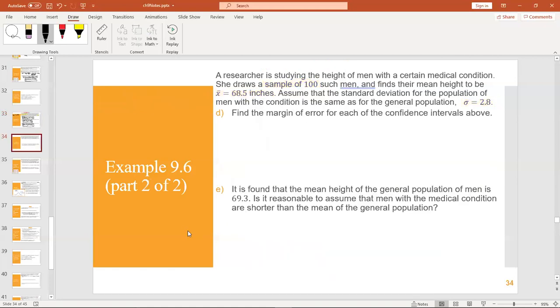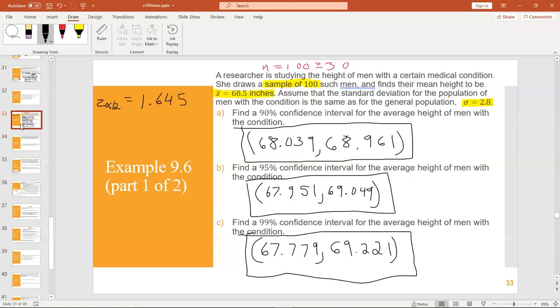All right, find the margin of error for each of the confidence intervals above. Well, if you take the average of these two values, 68.039 plus 68.961, and add those up and divide by 2, that's going to give you the middle.